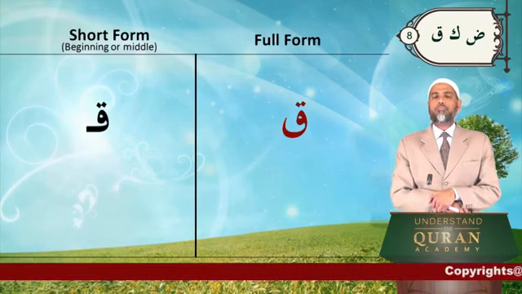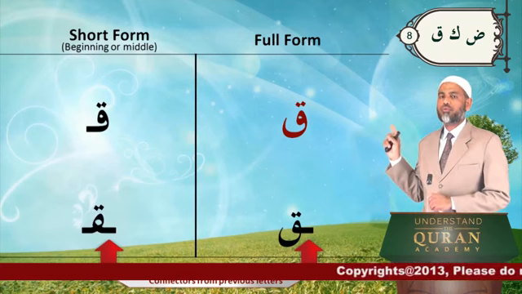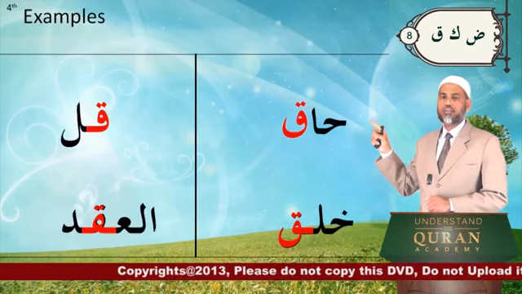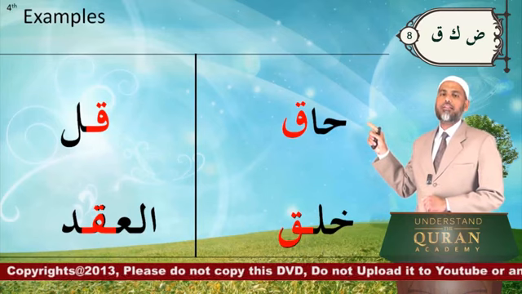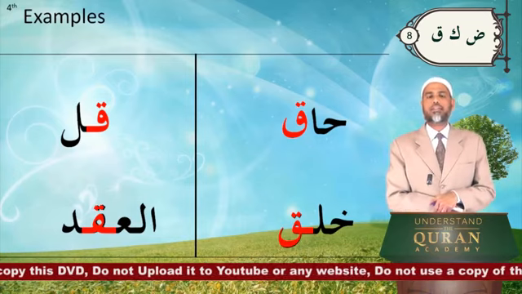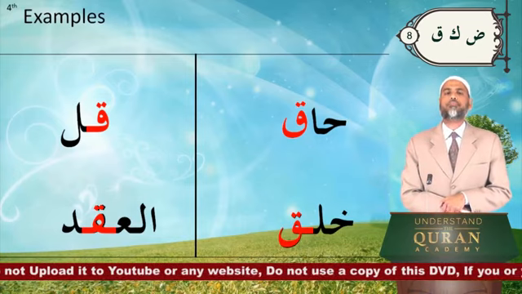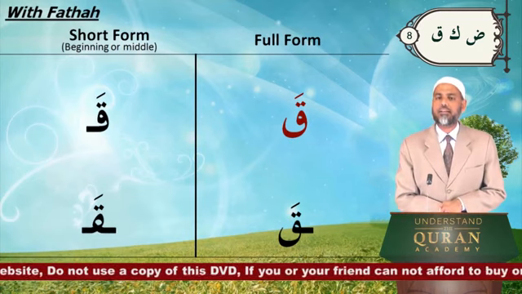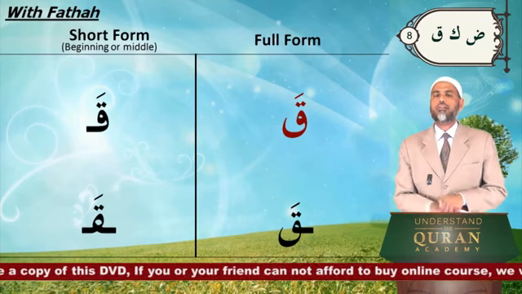And here are examples of qaf in its full form and short form in different words. As I told you, full form always occurs at the end, and also with connectors in another set of examples. Let us practice qaf with fatha. Qa, okay?